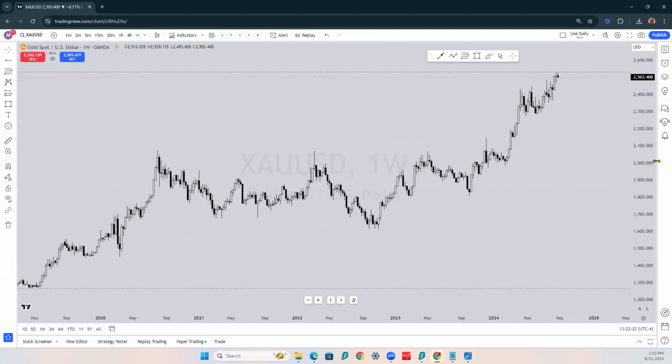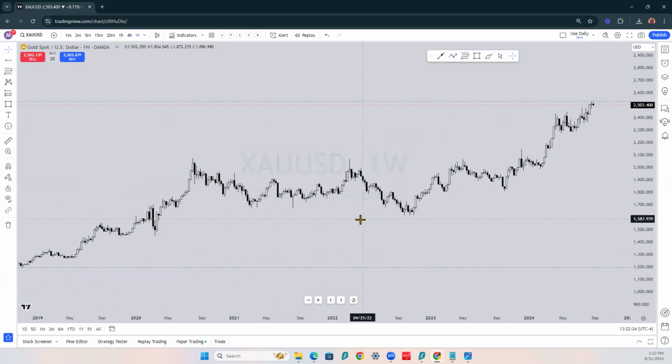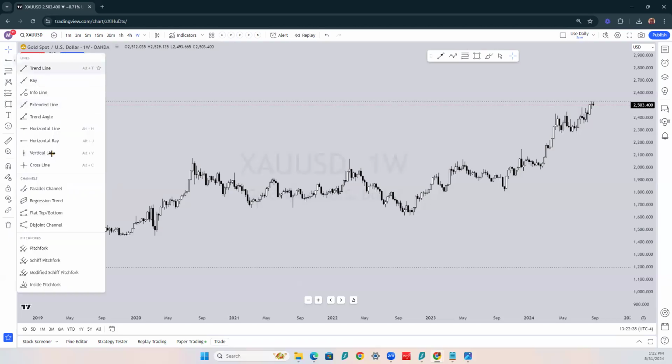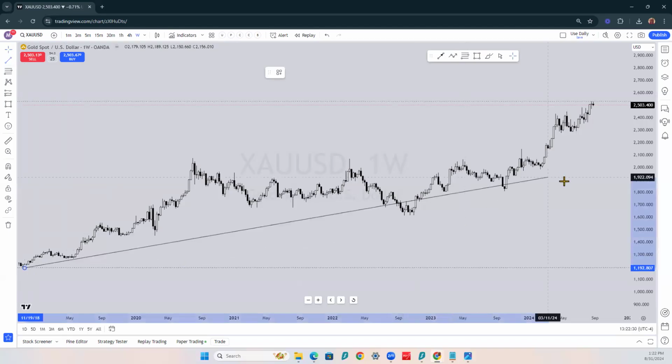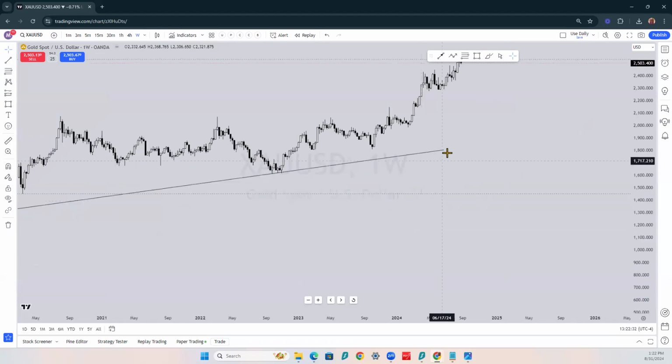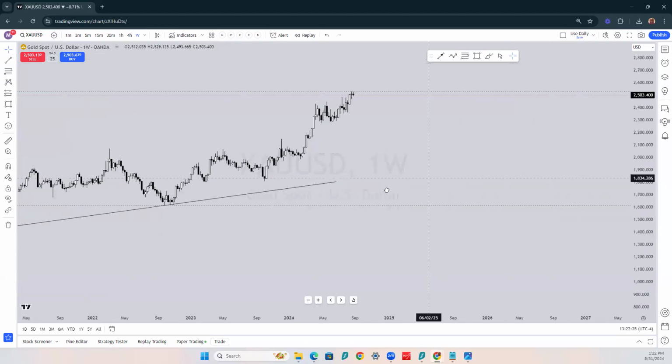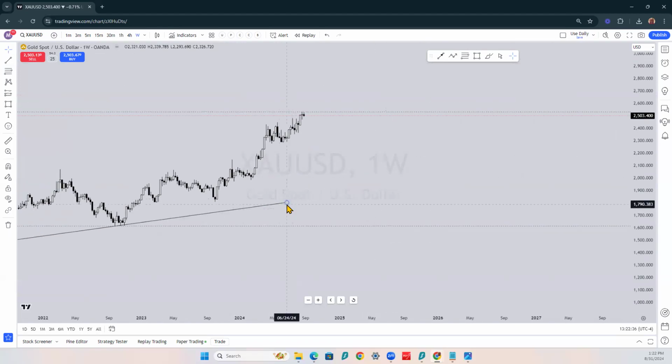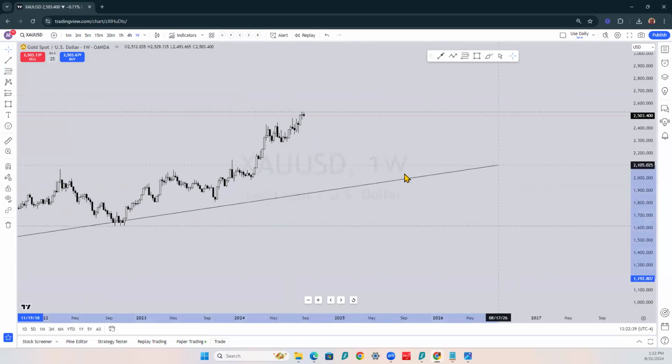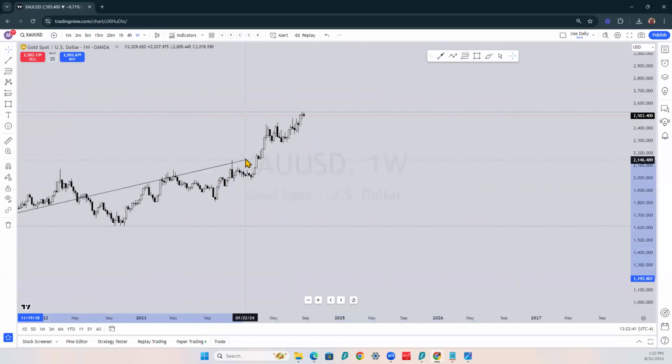This is a weekly. We just stretch it all out, take a bird's eye view of what the market's doing. We take our trend line, we stretch it out from the bottom all the way up to the top. We notice that the market's trending upwards because it didn't make any lower lows and it didn't go below this area, this area. So everything's pretty much an uptrend.